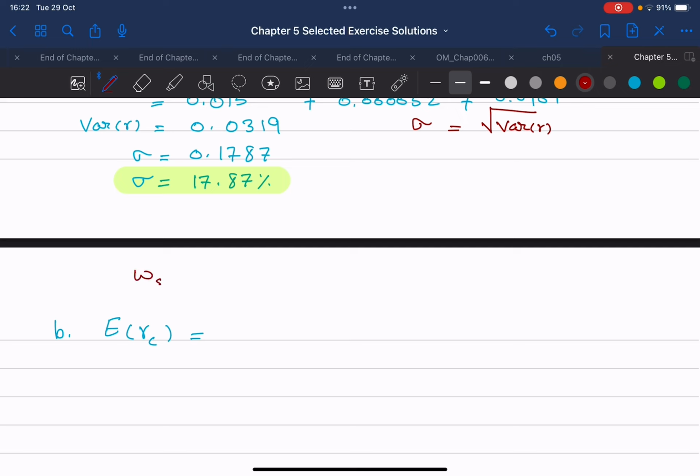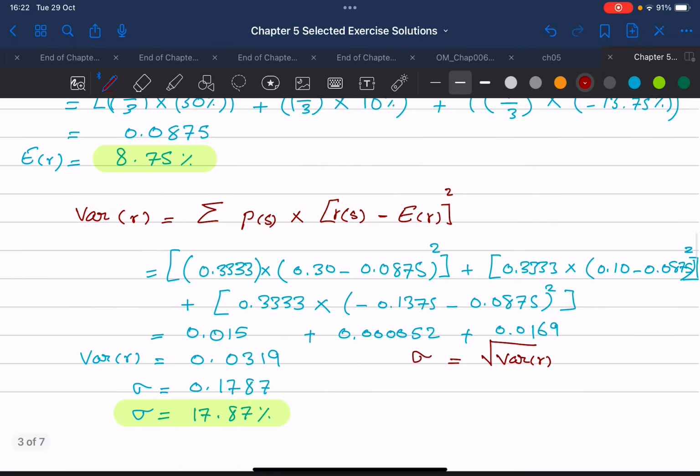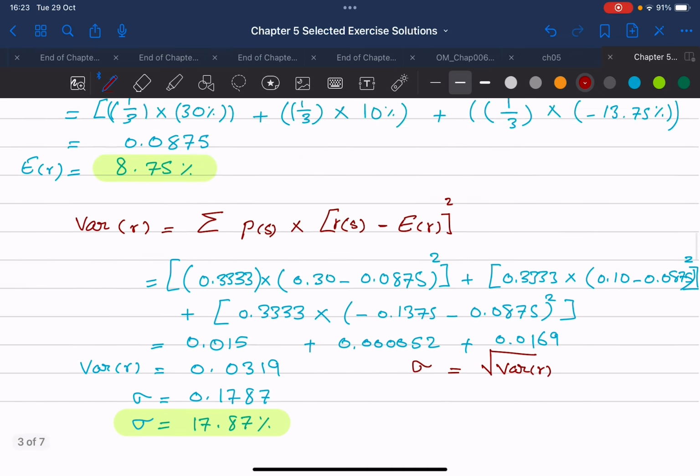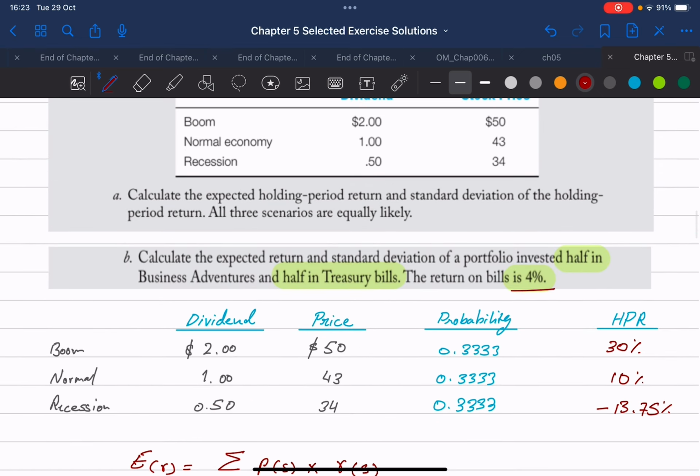The weight of the stock component equals 50%, which is 0.5, and the expected return on the stock is equal to 8.75%, and the weight for the treasury bill is also 50%, and the expected return on the treasury bill, as it was given to us in the question, is equal to 4%.